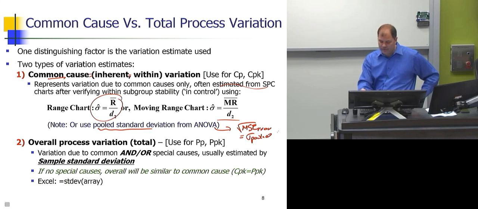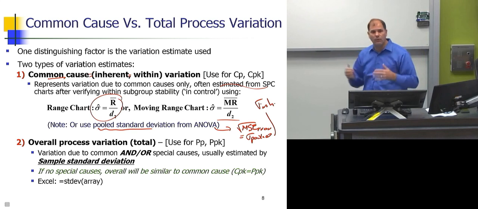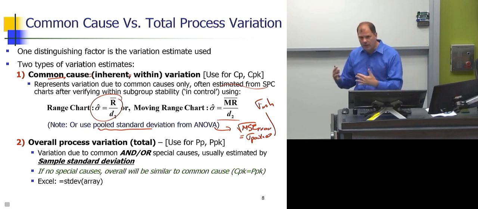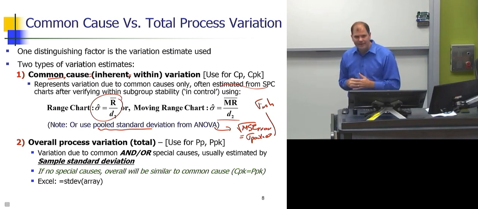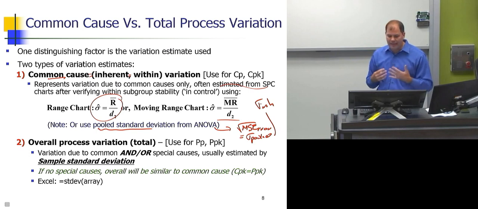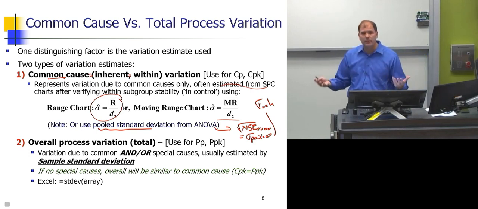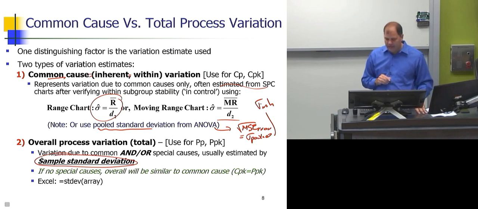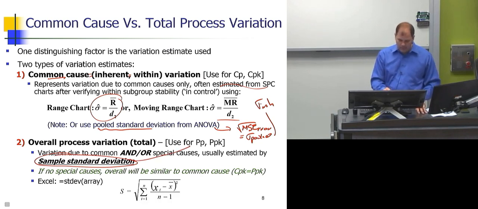This sigma pooled is the same thing as an estimate of inherent. After accounting for the mean differences, that's the inherent variation of the process. All of these, pooled and R bar over D2, are trying to come up with the within or common cause. If I want to use the sample standard deviation, that's going to go into the PP and PPK.